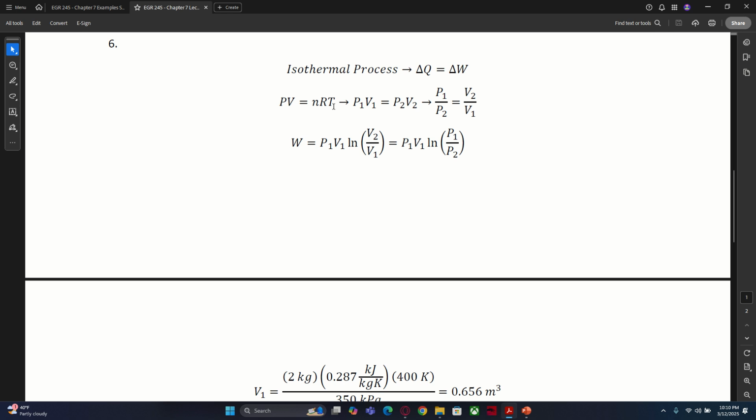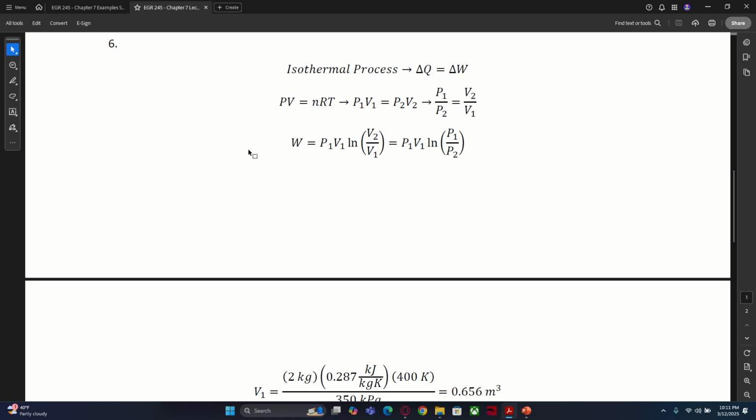Regardless, during this type of process, the amount of substance, the gas constant, and the temperature are all kept constant because it's isothermal. T is a constant. That means that P times V under the initial conditions equals P times V under the final conditions. Rearranging our ratios, the initial pressure divided by the final pressure equals the final volume divided by the initial volume.